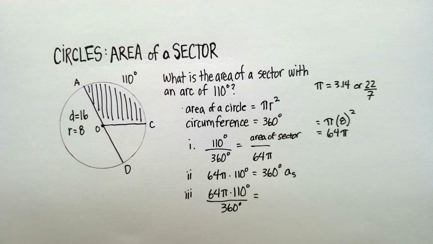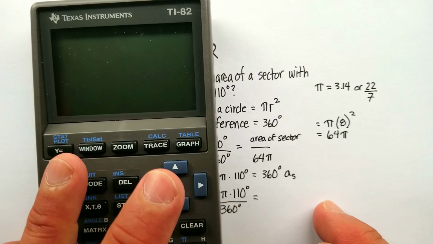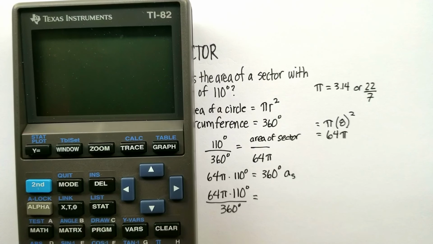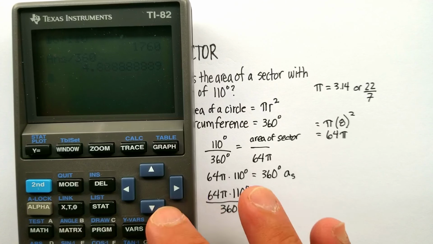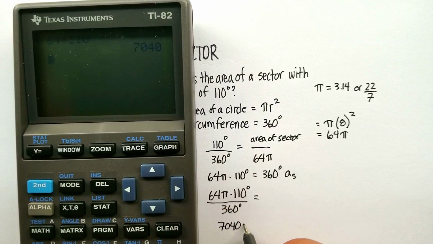So let's just do some multiplying. We know 64 pi. 64 times 110 gives me 7040 times pi. And then I'm going to divide that by 360.